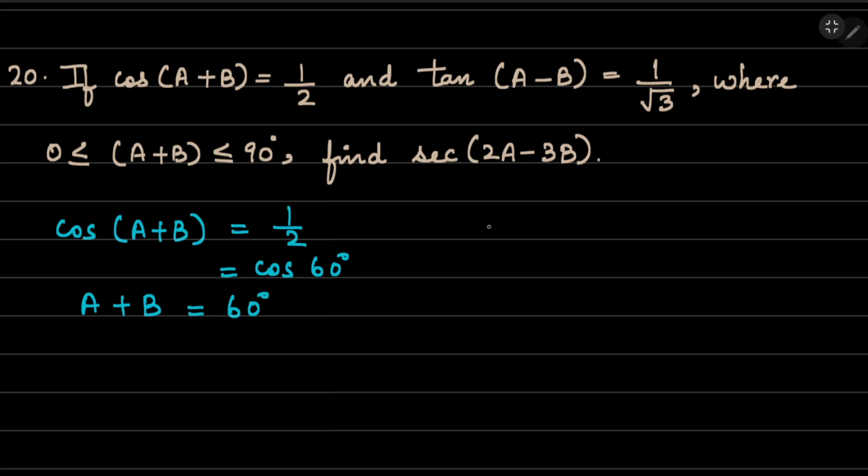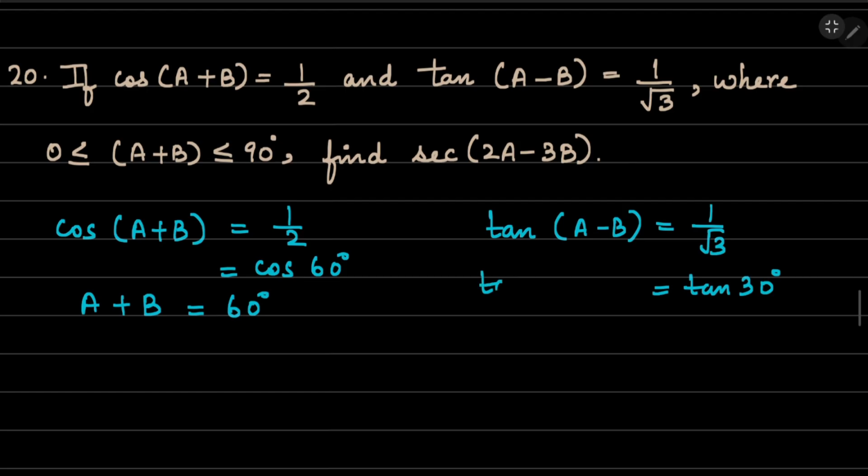Similarly, tan of a minus b is given as 1 by root 3. Tan of which angle is 1 over root 3? It is tan of 30. So on comparing, tan of a minus b is equal to tan 30, and you get a minus b is equal to 30 degrees.